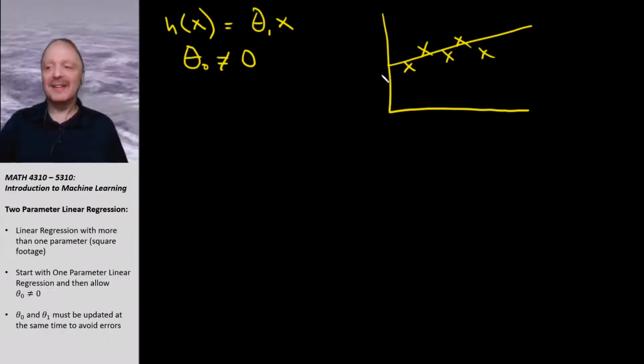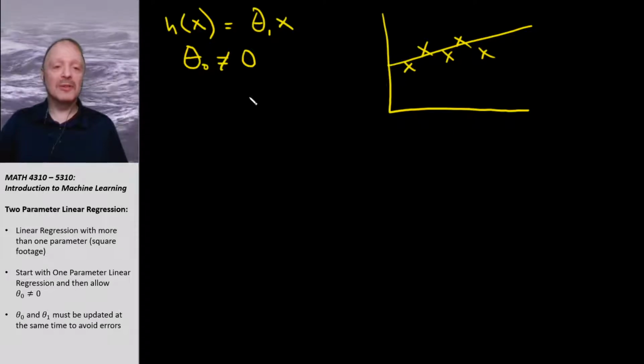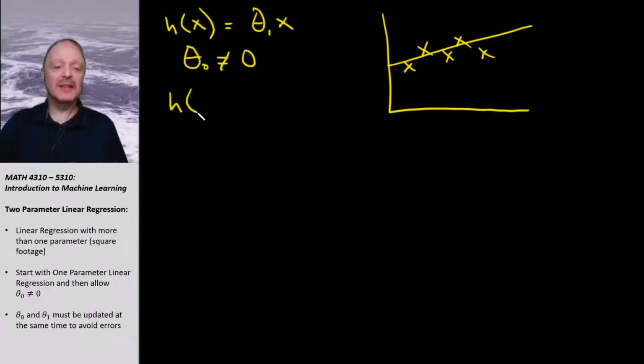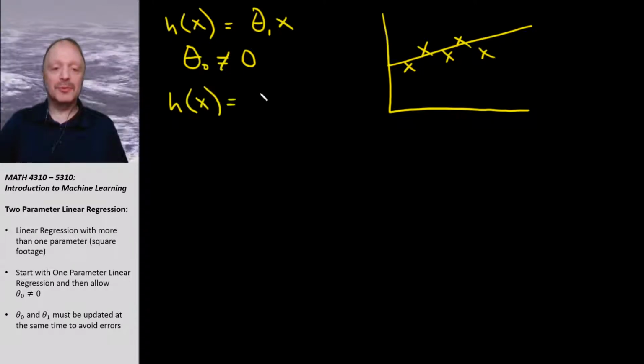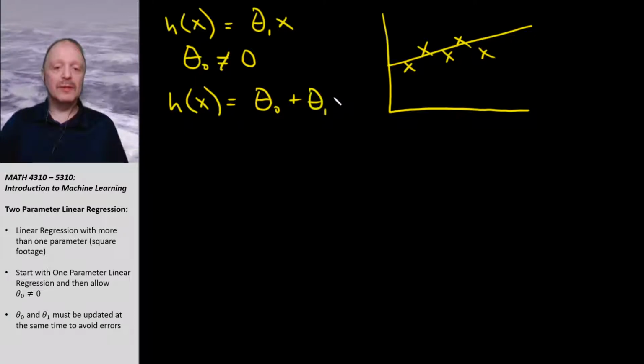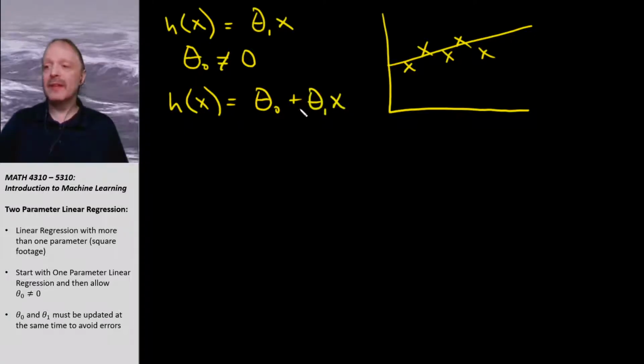So that's where we are right now. We're going to change our hypothesis function now to be h of x is equal to theta sub 0 plus theta 1 x, like that.